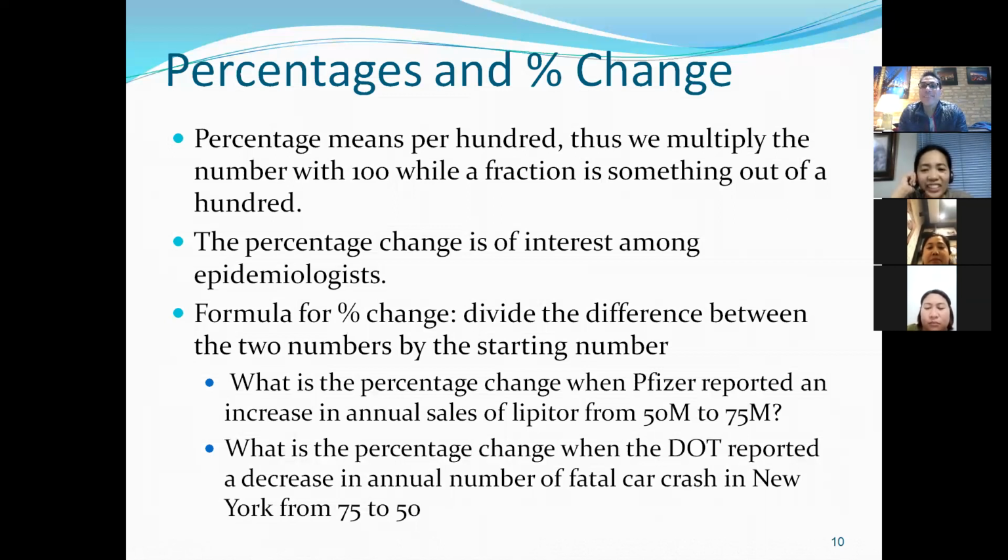Ah, okay. Yes, you have to be careful. The first one is positive, and so it's an increase. This one, 75 minus 50, is a negative. It went down. Yes. So that would help us analyze if it increased or decreased based on the arrangement of it in the situation.